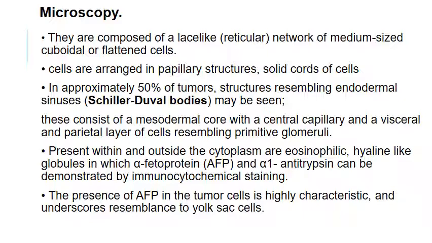Those sinuses have a central capillary surrounded by cells, resembling the renal glomeruli. Also there are hyaline-like globules which are positive for alpha fetoprotein and alpha 1 antitrypsin under immunocytochemical staining.